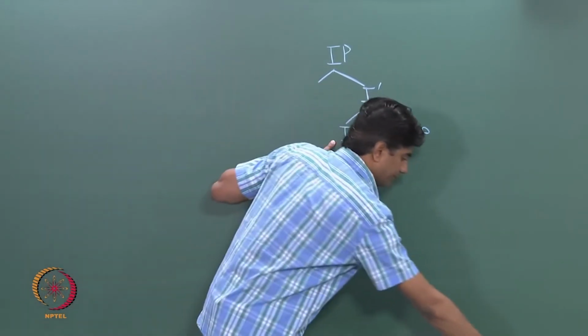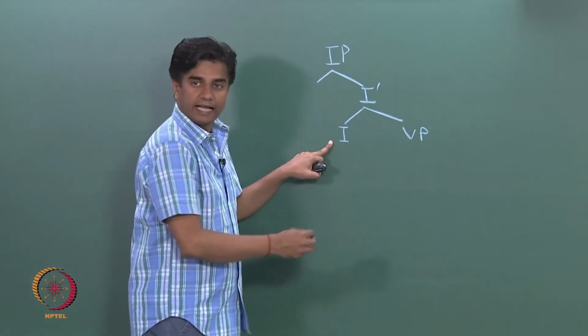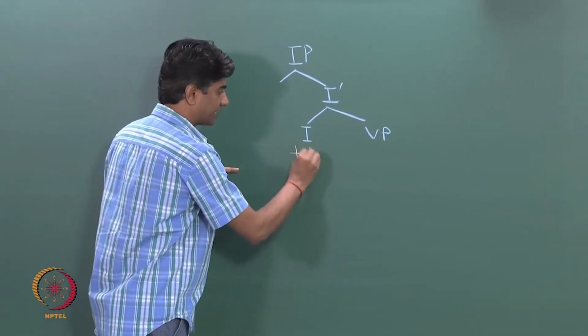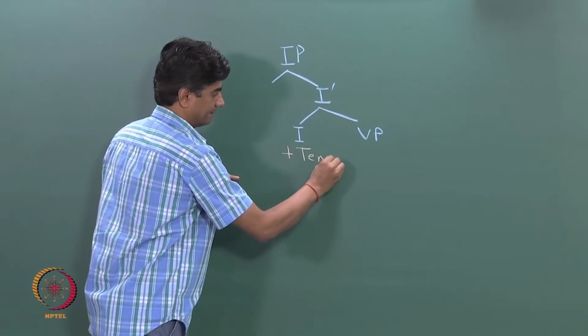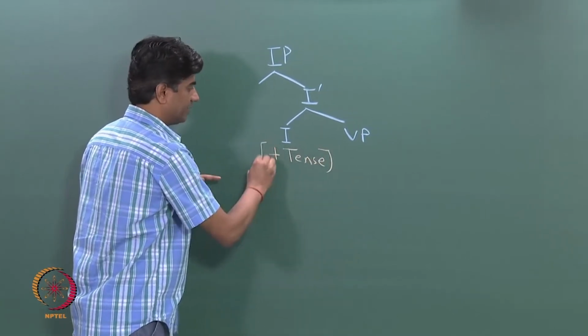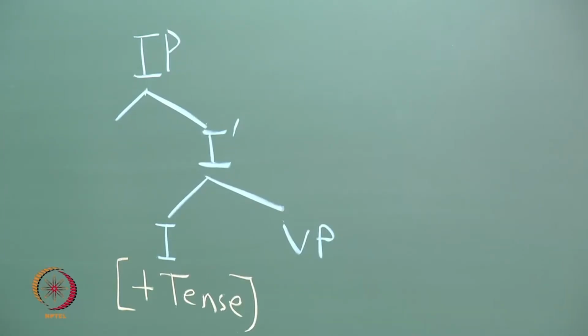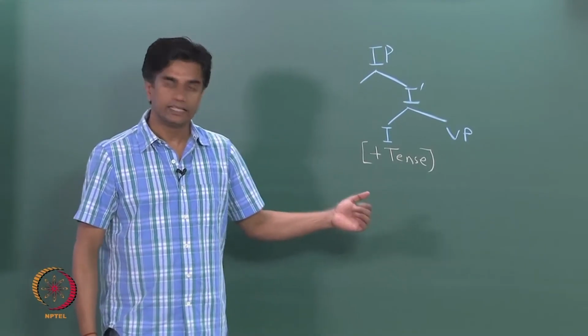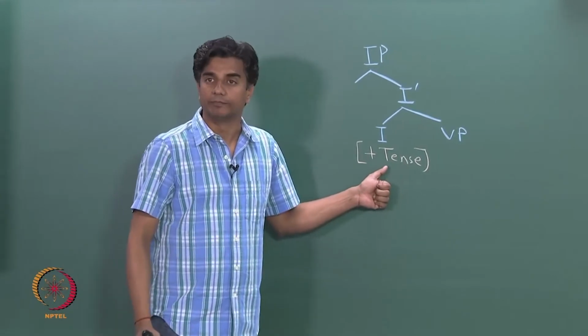If this IP has something in it, like if it is plus tense, you understand the meaning of plus tense? If the sentence has a tense, this is the place where it is going to show up.